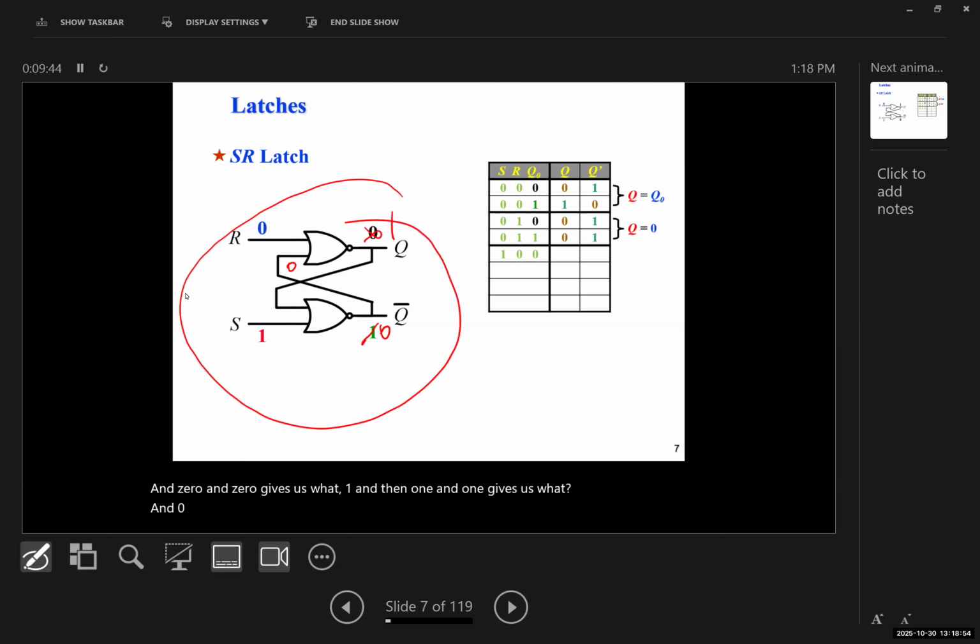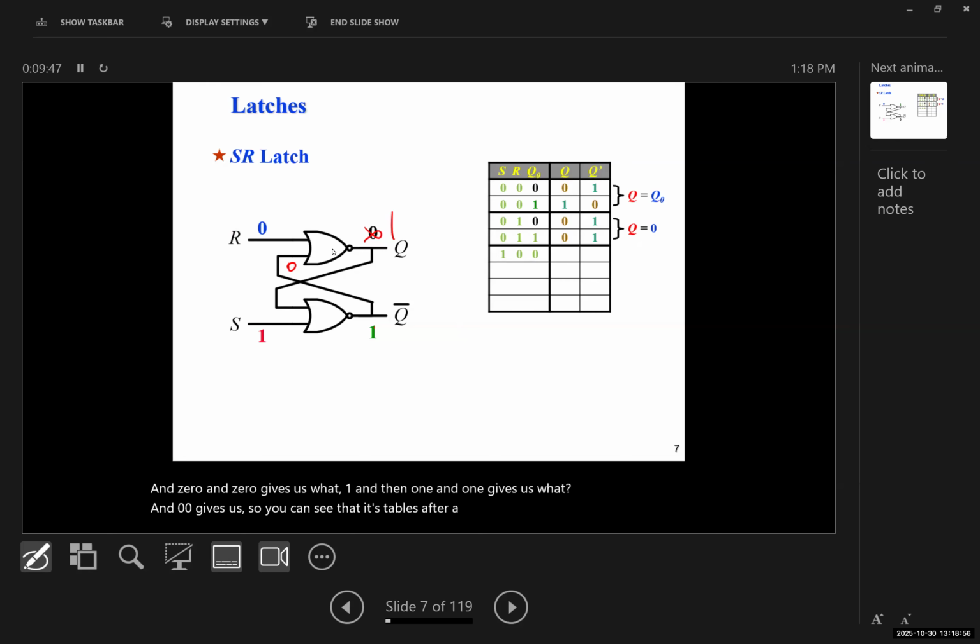So you can see that it stabilizes after a few back and forths. So again, the outputs are changing. It's flipping. So you can see now Q is equal to 1. Oh, sorry, for this one, it's going to be 0, 1.